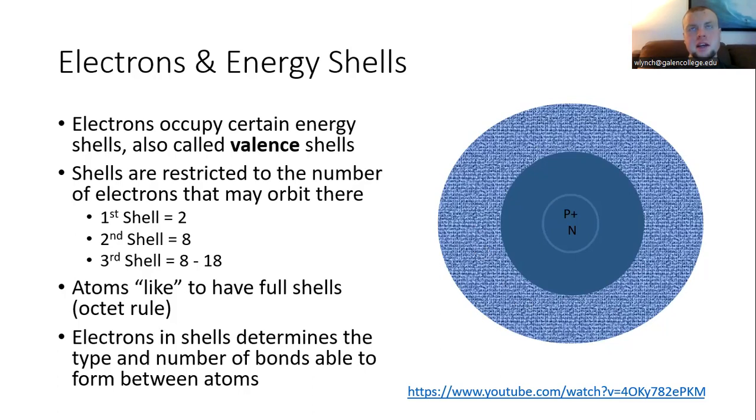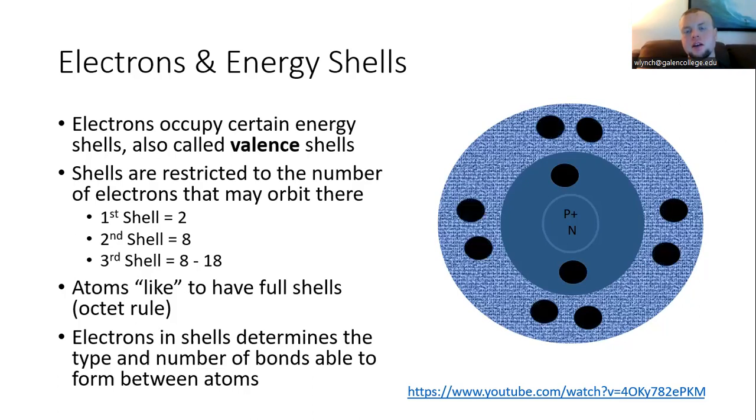So 8 electrons in a shell is what we are going to look for as far as the valence shell is concerned. And those electrons are going to do things like bind other molecules and release their electrons to other substances to try and get to that 8 number. So we have 2 in the innermost shell, and we have 8 in the second shell.